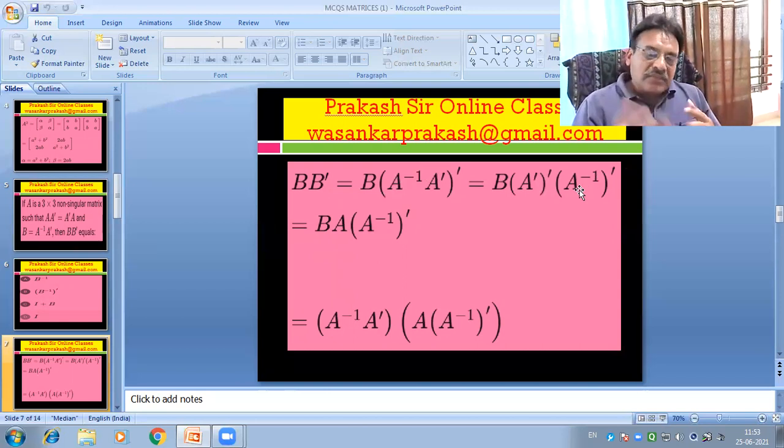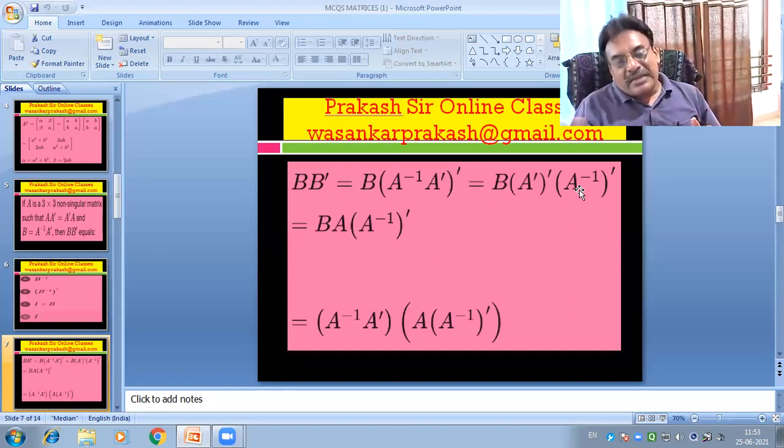Again we know the property that complement of A complement is equal to A itself. Therefore, here we write A, and complement of A inverse as it is.